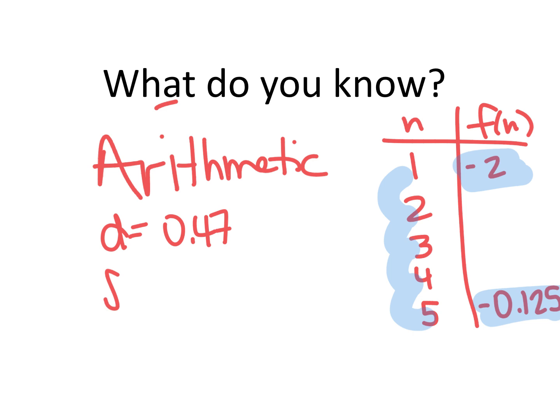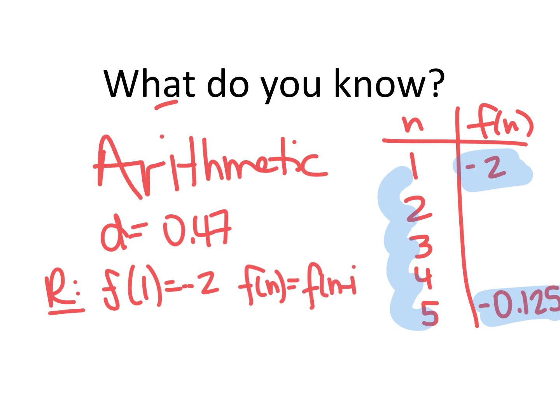Which means we can write the first term is -2. This is our recursive formula. And then the next is the previous, f of n minus 1, plus 0.47.